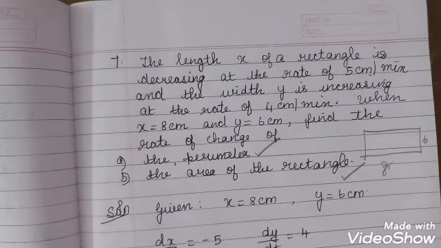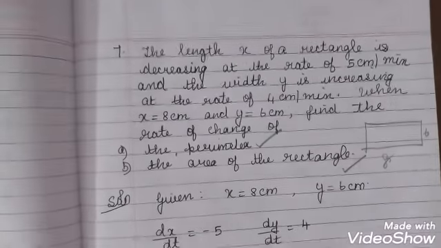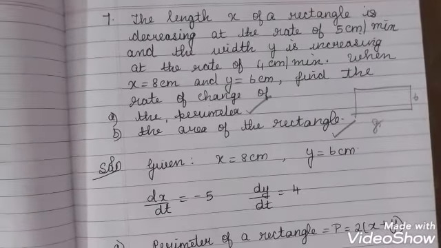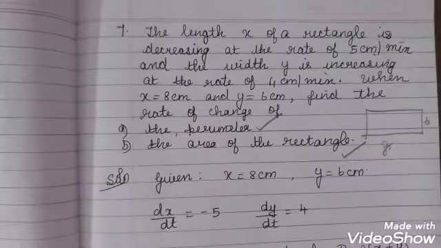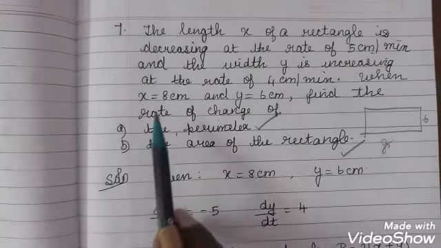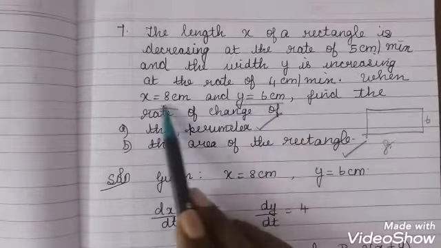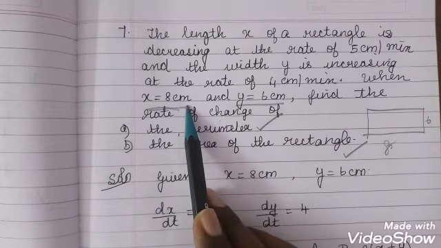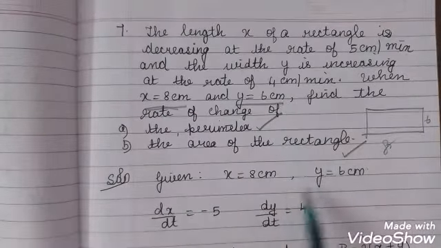Got it? So here one is said to be increasing and the other one is said to be decreasing. So first in the question we will write what all is given and then we will go over to the subdivision part. Given, you know that the length and breadth are given here. It's nothing but x is equal to 8 centimeter and y is equal to 6 centimeter.